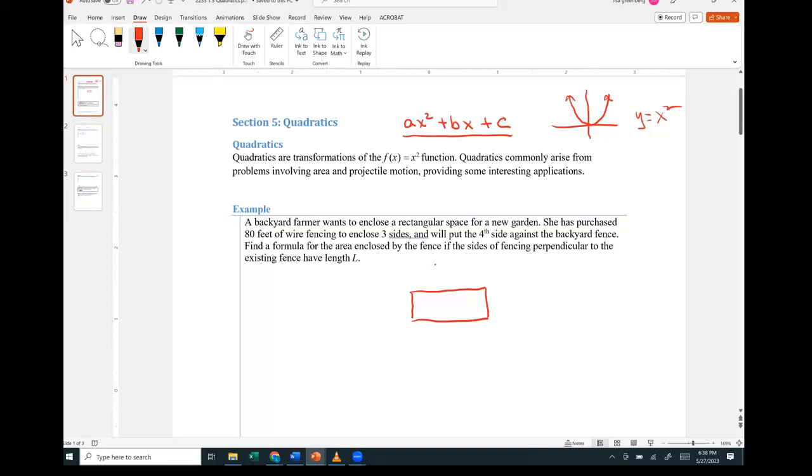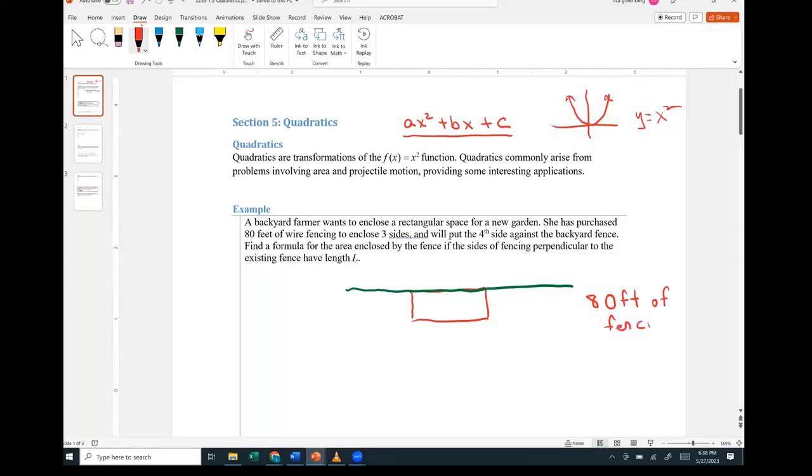Okay, the 4th side will be against the backyard fence. So basically, there's going to be a fence here, and we're only going to enclose these 3 sides. And we have 80 feet of wire fence.